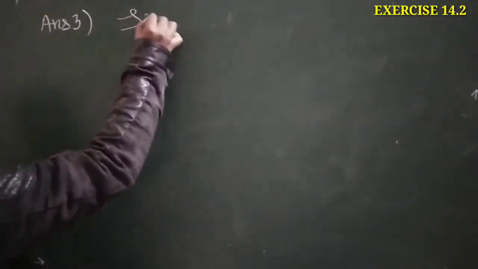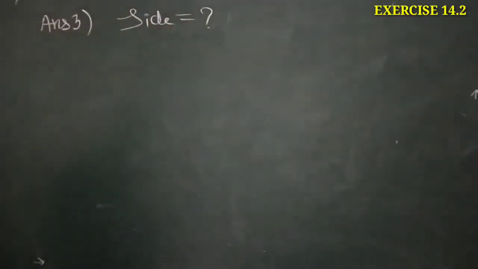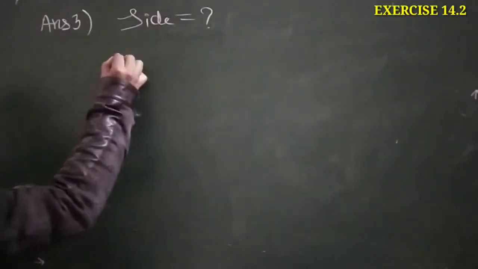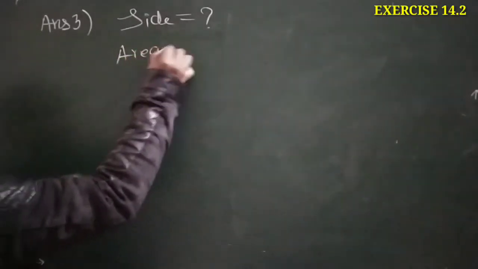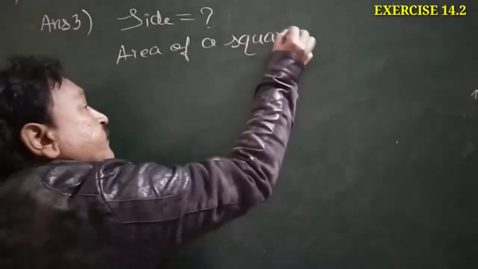This question is saying to find the side of a square, means we have to find out the side of a square whose area is given to us as 4900 meter square.